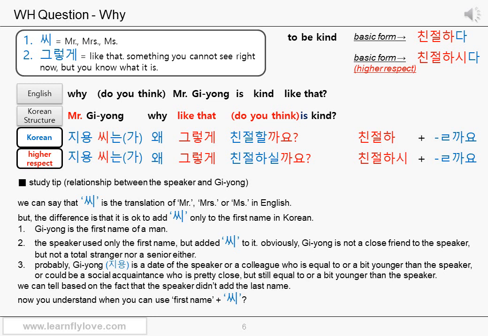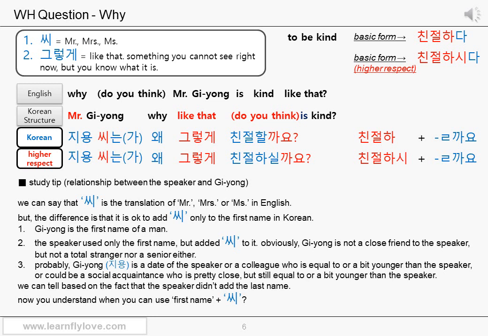Let's do that together. 친절하 plus the final 르, 친절할 and 까요. 친절할까요? 지용 씨는 왜 그렇게 친절할까요? The speaker is now asking the listener's opinion with the ending 까요. Okay?